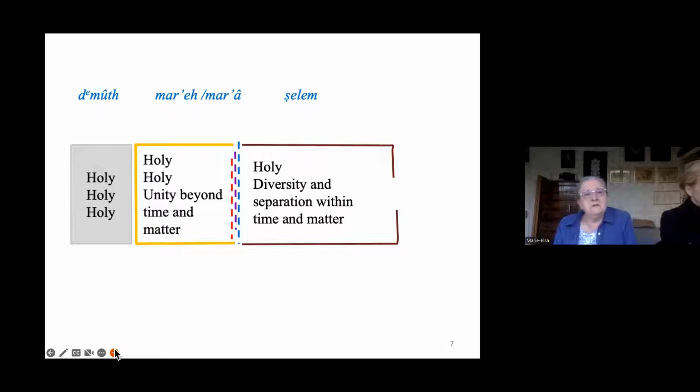When you are in the Holy of Holies, so you are beyond the veil, there you are holy, holy. The familiar translation of that state is the Holy of Holies, or the Most Holy. And this represented a state of unity that was beyond time and matter.